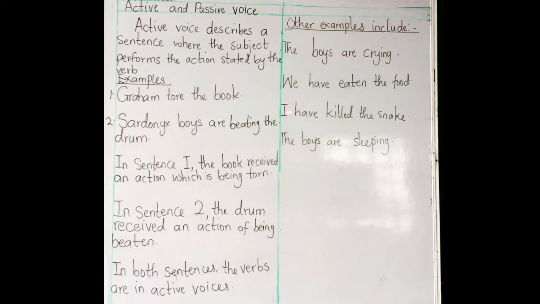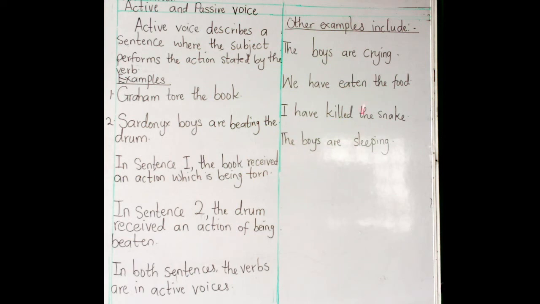Now, we continue. I have killed the snake. I performed the action. I am the doer of the action. I have killed the snake. We have the last one. The boys are sleeping.